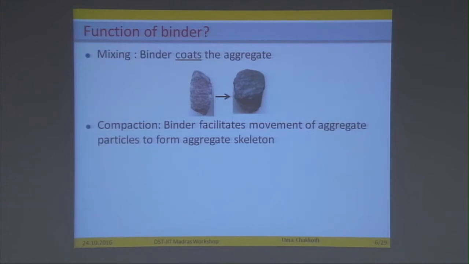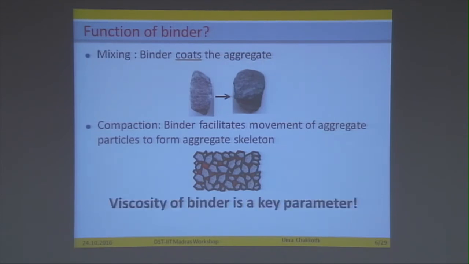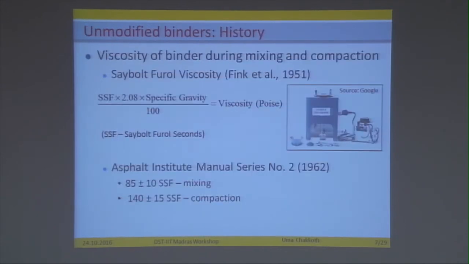In other words, during mixing the binder should be viscous enough to adequately coat the aggregates, and during compaction it should facilitate the movement of aggregate particles past each other to form a proper aggregate skeleton of required target density. So the crucial parameter is the viscosity of the binder, which we expect during mixing and compaction.